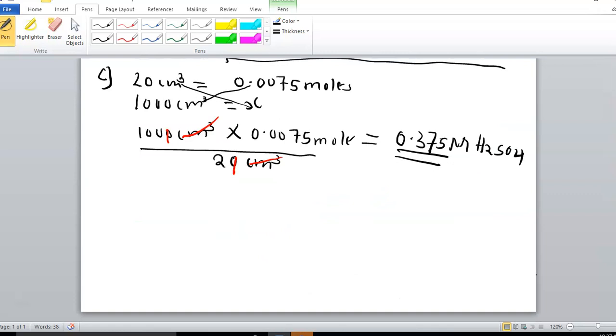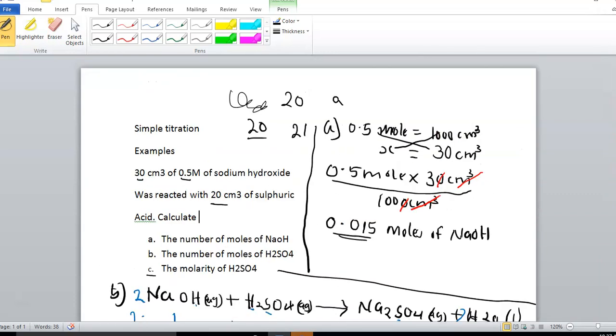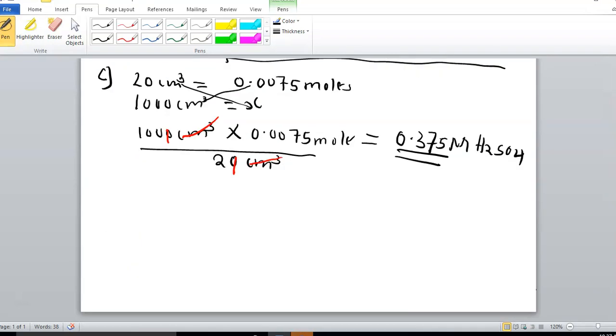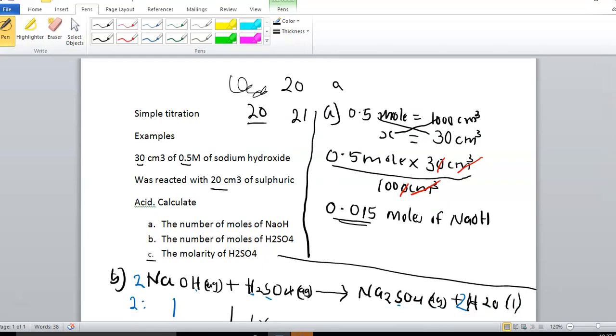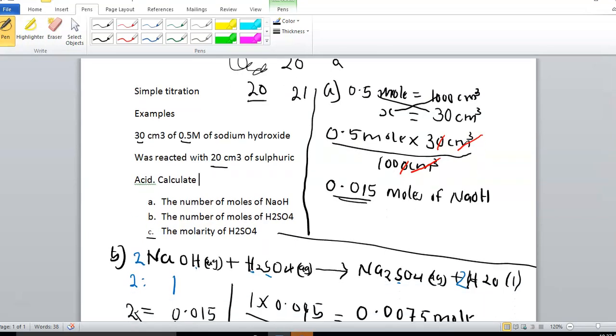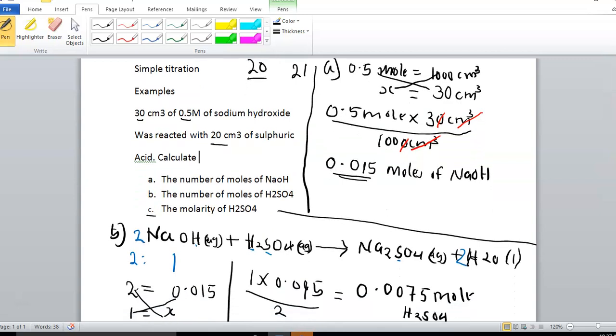Now in part B, they asked us the number of moles of the acid. To get it, you write an equation and balance it. When you balance the equation, you extract the mole ratio, which here is 2 to 1.